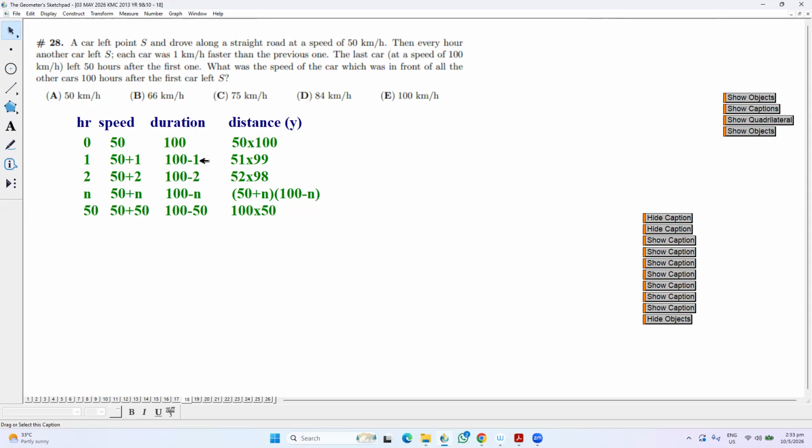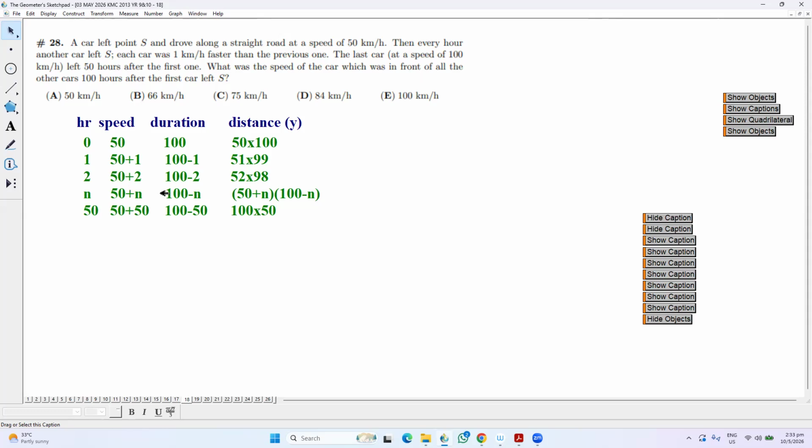Speed times time is distance. So the second car: plus 1, time minus 1. Then car n, maybe the 30th car or whatever: speed 50 plus n, time 100 minus n.